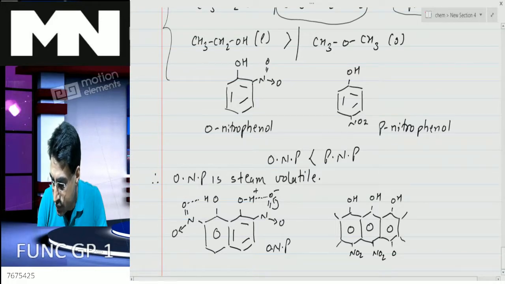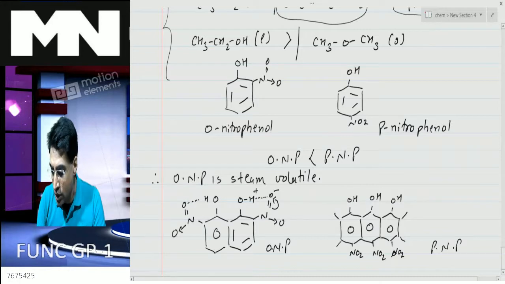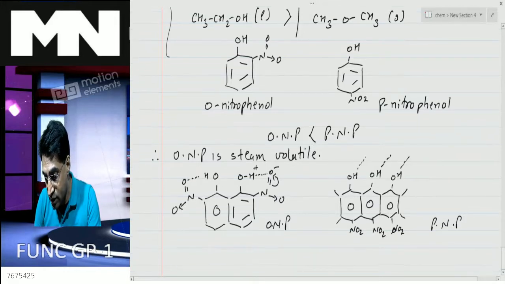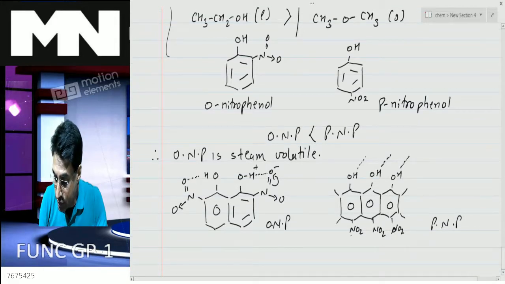This is one of the chains I am having of para-nitrophenol. Likewise, I'll have another chain above and below this. The OH from one chain will form hydrogen bonding with the NO2 group of another chain. Likewise, the NO2 group will form hydrogen bonding with the OH group of another chain.